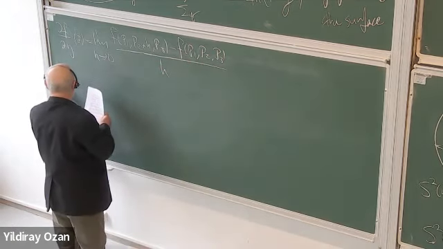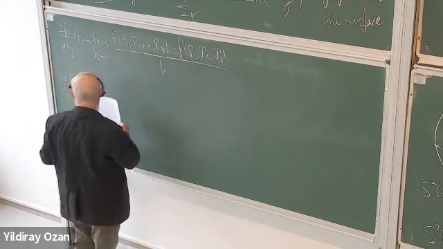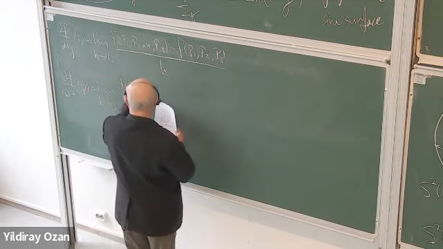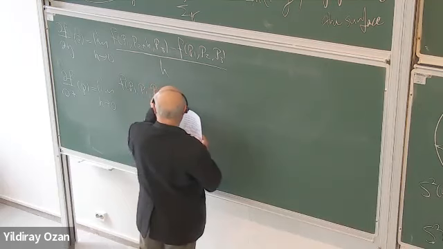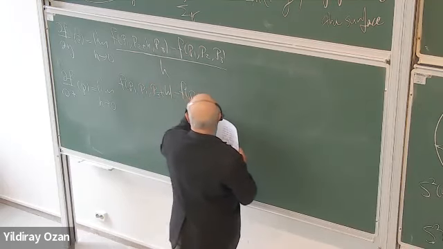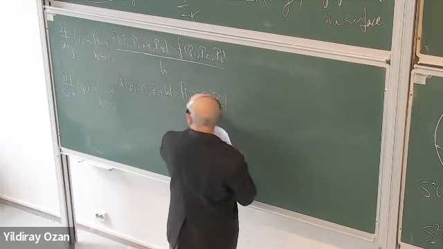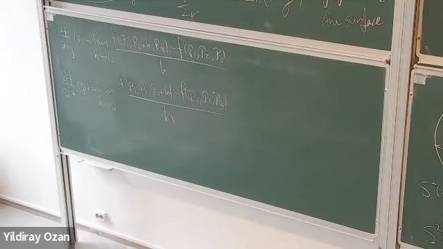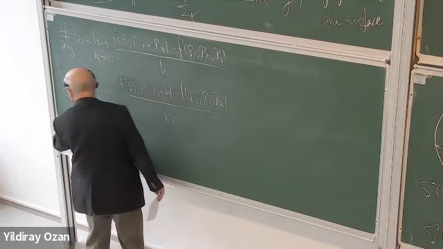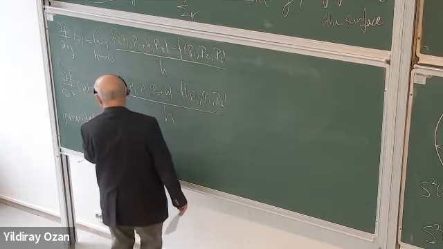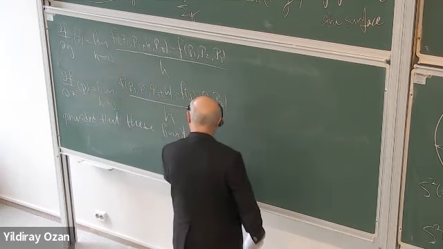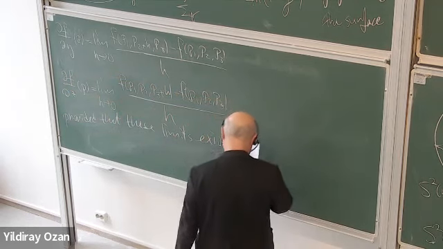And finally, the partial derivative of f with respect to the z coordinate is defined as the limit of this expression, provided that these limits exist.